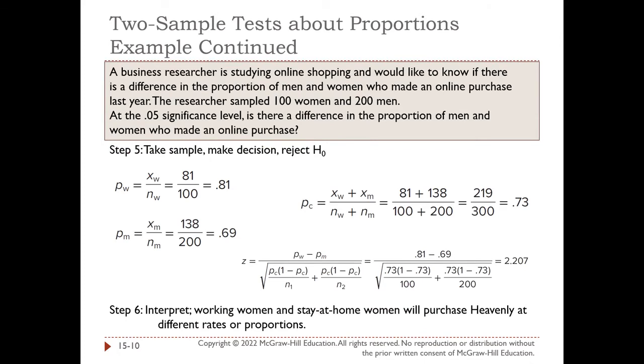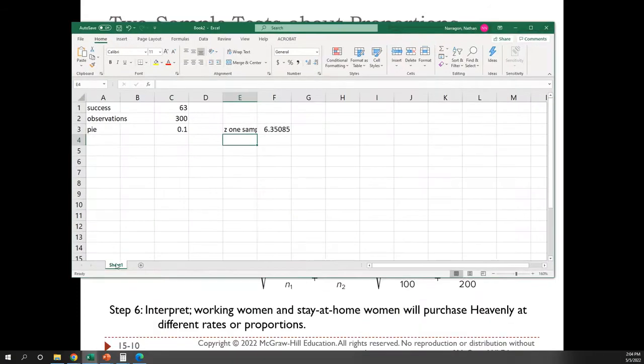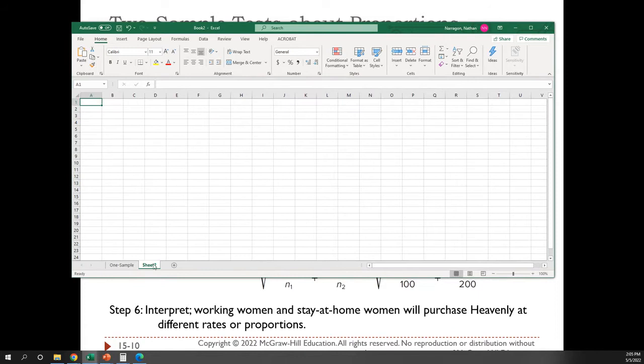Back to our Excel. This is for our one sample. Let me rename it, one sample. Now, two sample.